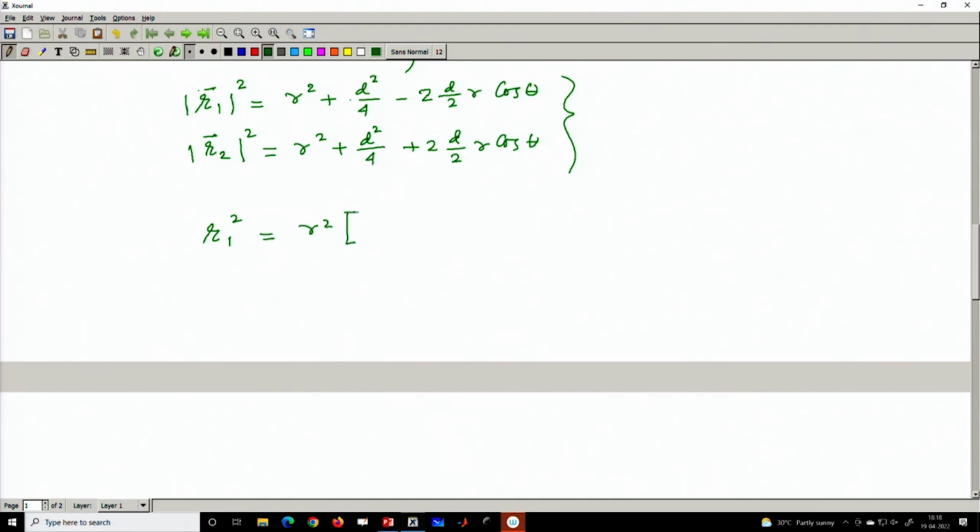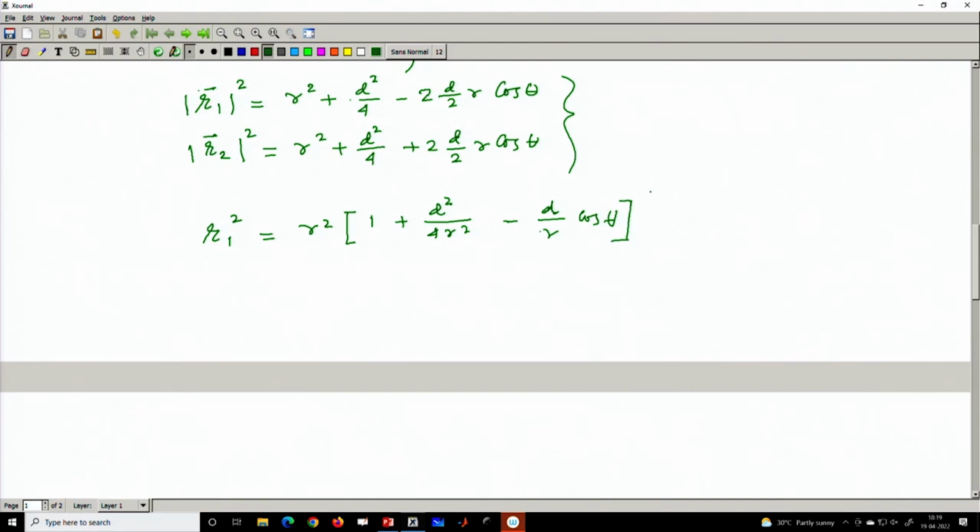The reason is very simple, that d is very much less than R. So, I can write in terms of the ratio d by R and simply neglect that part, as we always do, and then minus, taking R square common, d divided by R and cos theta.